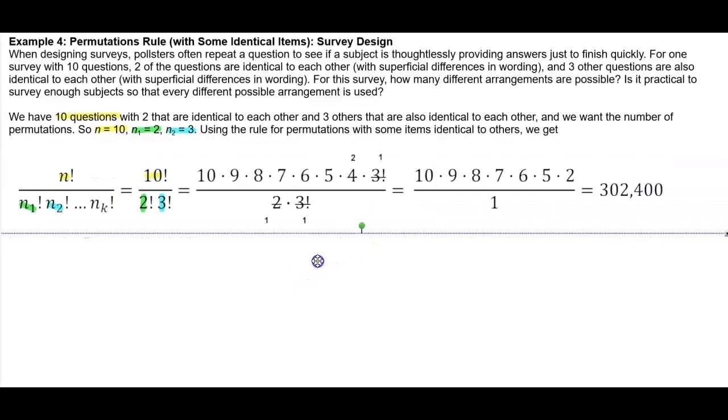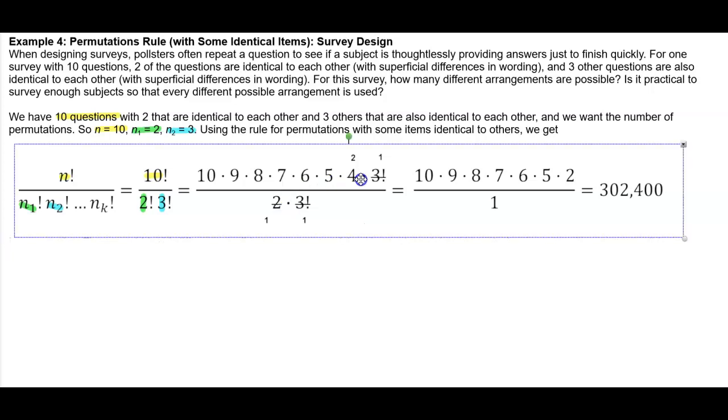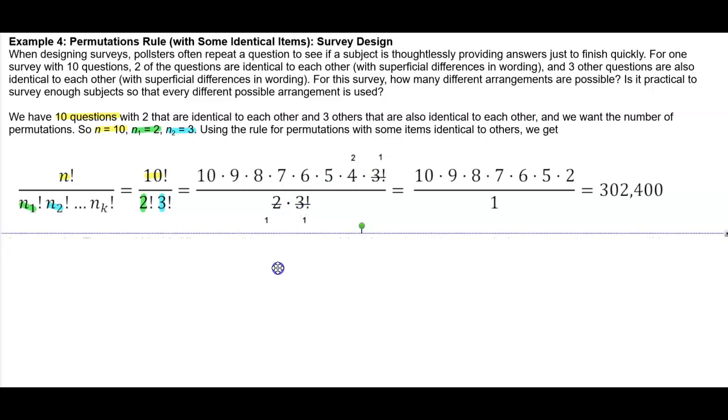Now simplifying the 2 into the 4, we have a 1 left over from the 2, and 2 goes into 4 2 times. So now we can write in the numerator 10 times 9 times 8 times 7 times 6 times 5. That 4 now becomes a 2 and then times 1. In the denominator we have 1 times 1, which is 1.